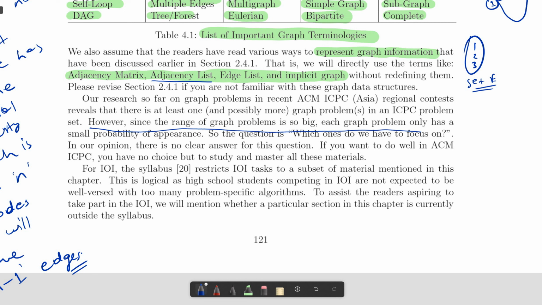However, since it is large, if you want to do well in ACM ICPC, you have no other choice but to study and master these materials. Okay. So just do this, and the same for IOI, the International Olympiad in Informatics.